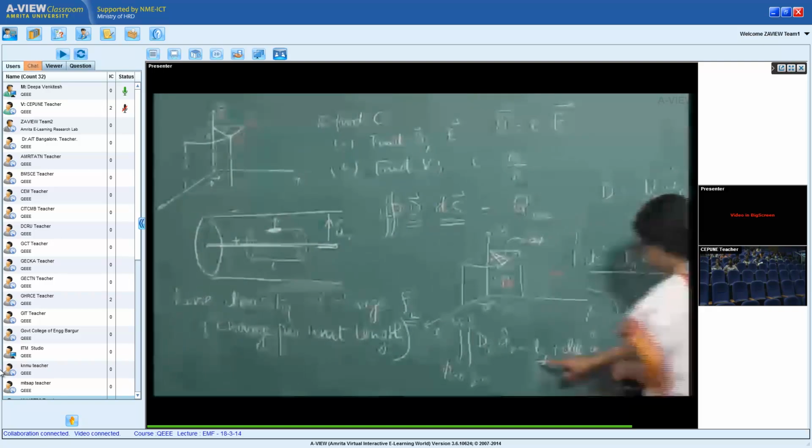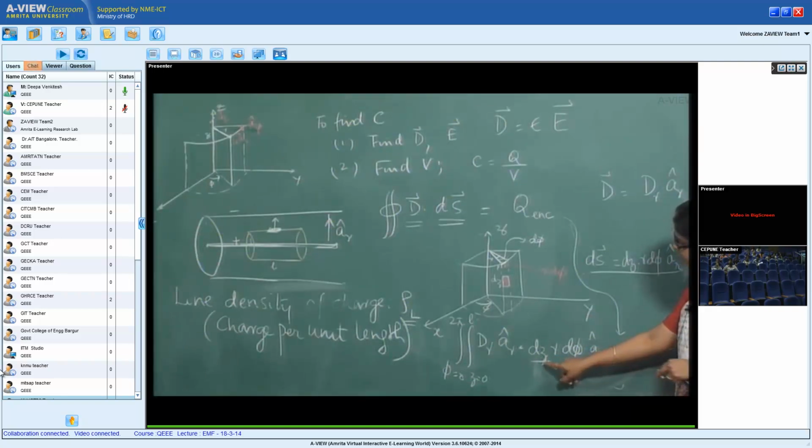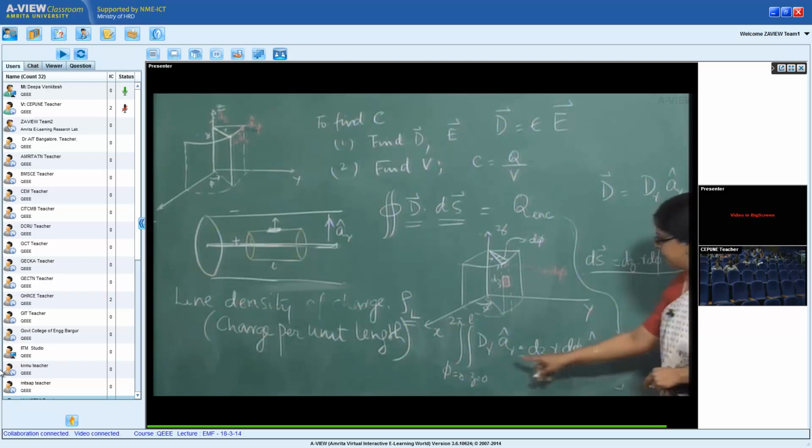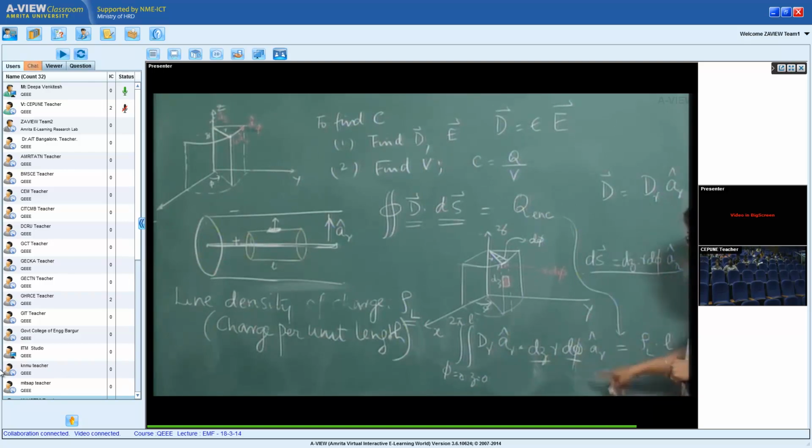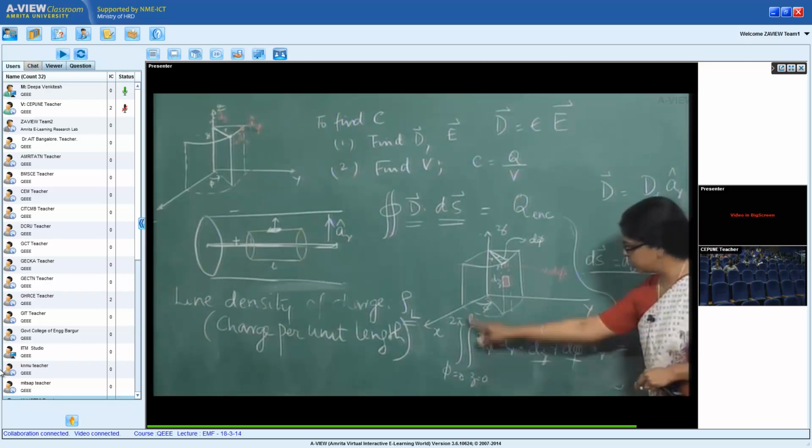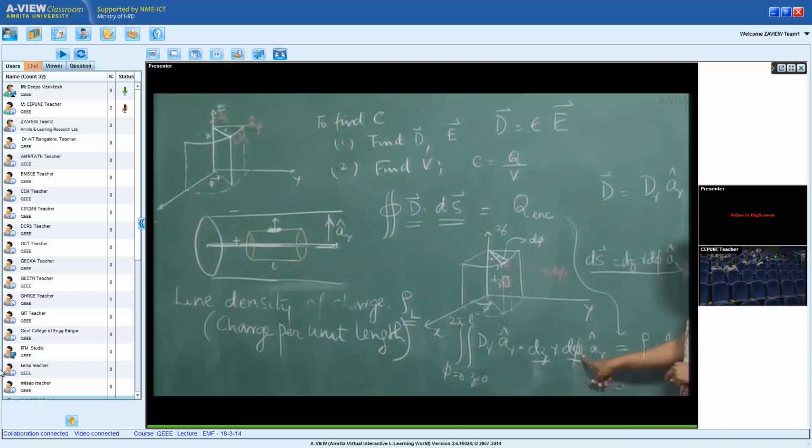So you see the variables of integration are z and phi. If I integrate z from 0 to L, I will get L. If I integrate phi from 0 to 2 pi, I will get 2 pi.